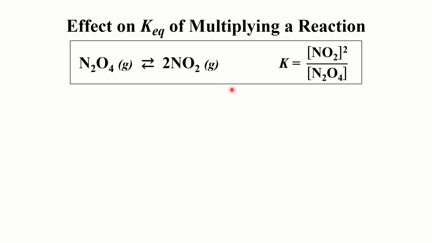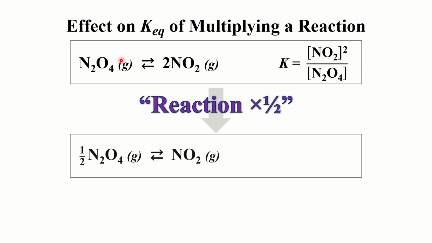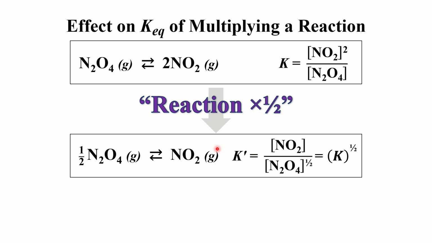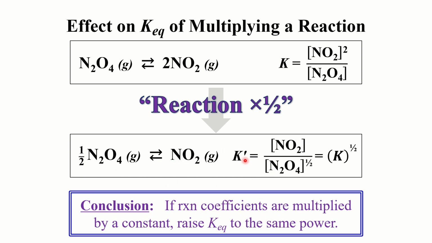Next, let's look at what happens when we multiply a reaction. So using the same starting reaction, what if I were to take that reaction and multiply it by 1/2? So I get the reaction 1/2 N2O4 forms 1 NO2 instead of 2. My new K expression, K prime, would be equal to NO2 over N2O4 to the 1/2.